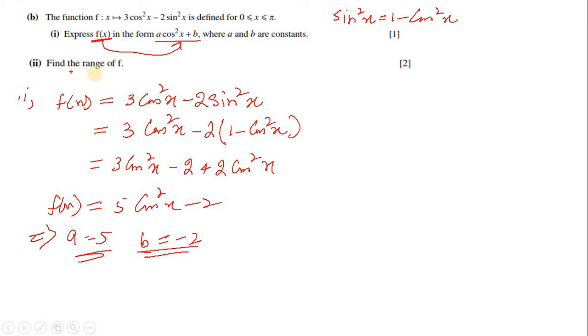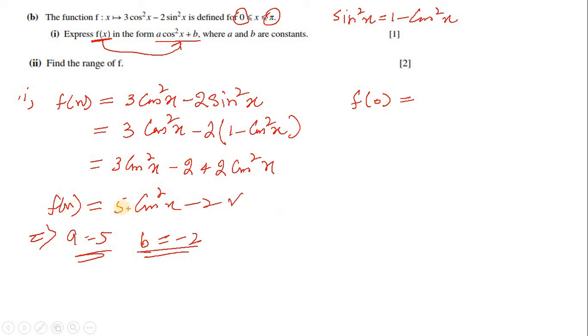Okay, find the range of the function f. If you need to find the range of the function f, you just substitute the minimum and the maximum value of x in the domain. If you substitute these in the function, it will give you the minimum and maximum of the range.